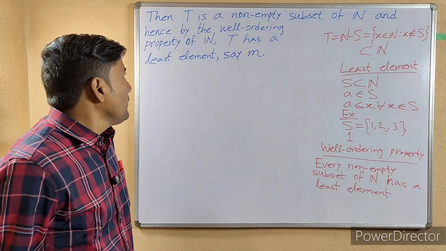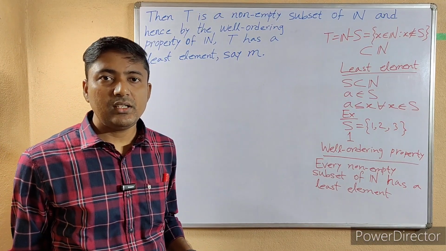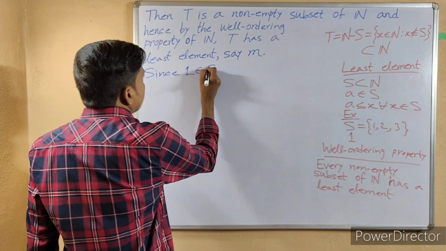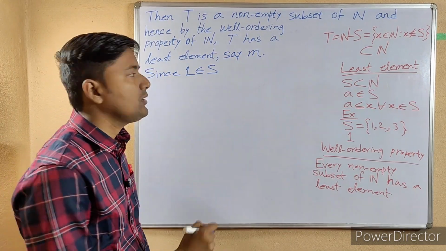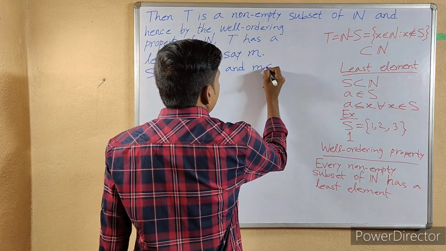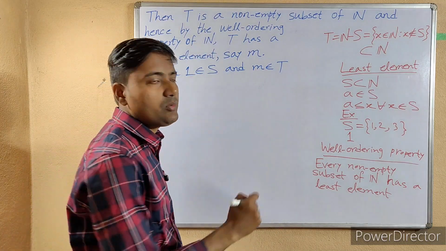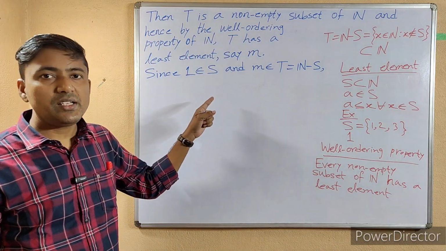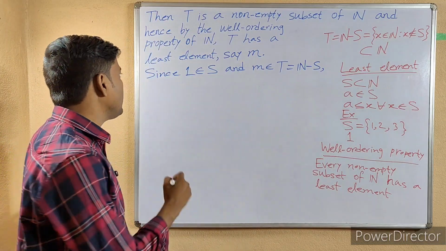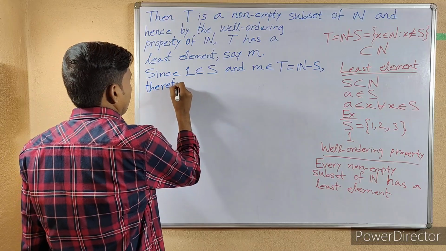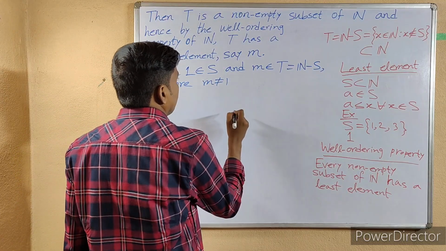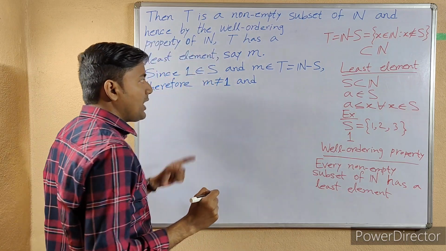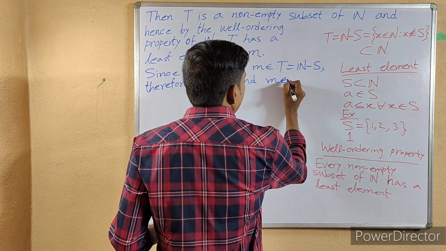Now from the first given condition we have 1 belongs to S. Since 1 belongs to S and m belongs to T, and T equal to N minus S, therefore m not equal to 1 and m belongs to N.